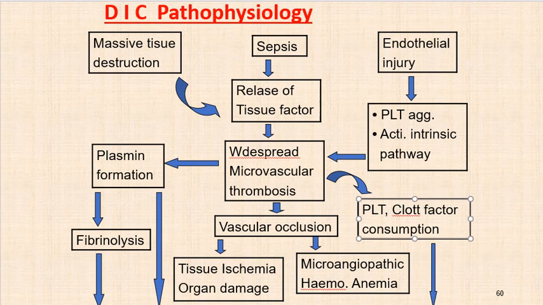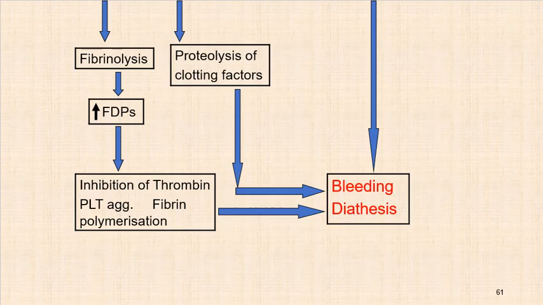And when plasmin is formed, fibrinolysis occurs, and when fibrinolysis occurs, fibrin is cut into small pieces, and this is called fibrin degradation products. Fibrin degradation products or FDPs.